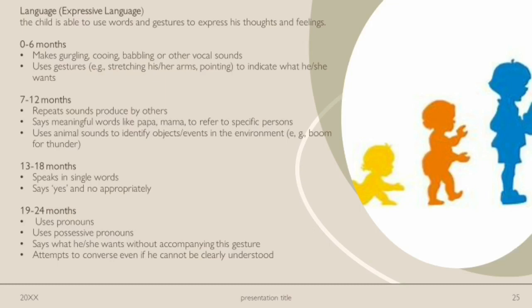13 to 18 months: speaks in single words. Says yes and no appropriately. 19 to 24 months: uses pronouns, including possessive pronouns. Attempts to converse even if he cannot be clearly understood, and says what he or she wants without accompanying gestures.